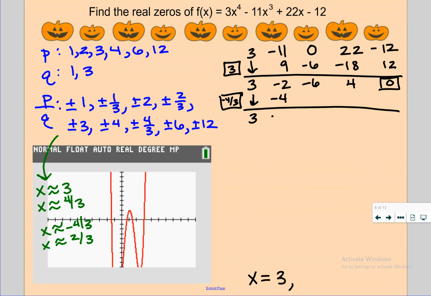Plus -2 is -6 times -4/3. +8. Plus -6 is 2. -8/3. Is that going to give me a remainder of 0? Nope. -4/3 doesn't work. This is why we do math in pencil. All right. Pick another number.